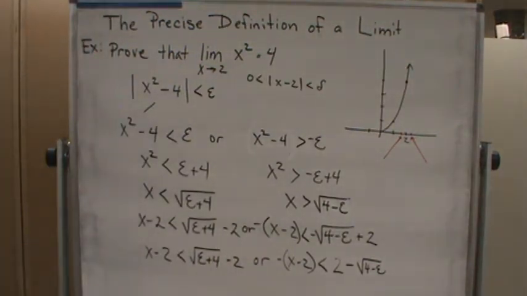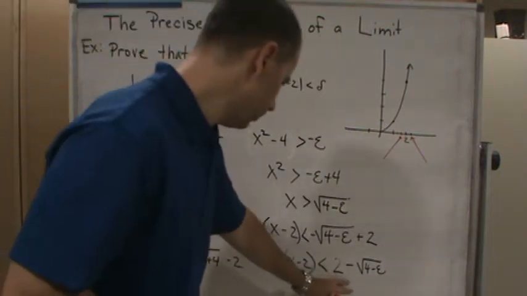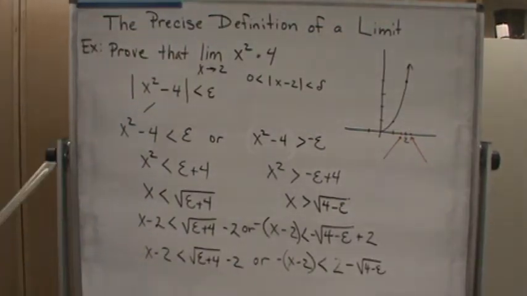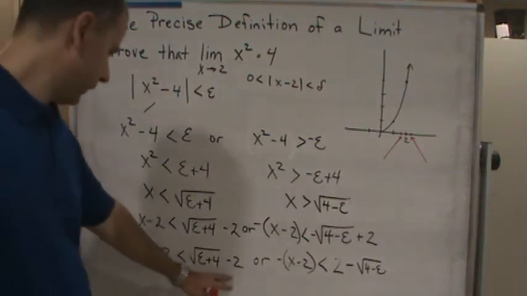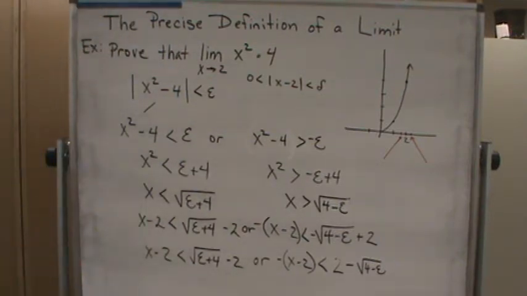Okay, so now, what do we have here? Well, we've got 2 minus this over here, and we've got this over here. But these are different. So what does this mean? Well, there's a couple ways of doing this.